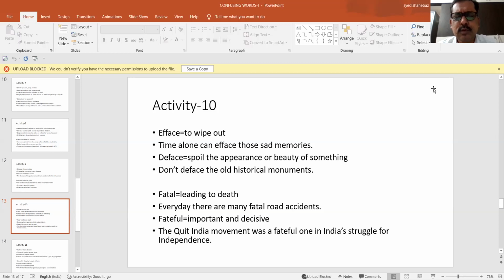The Quit India movement was a fateful one in India's struggle for independence. Fateful one means very important or decisive, a turning point where the turn of events took a good shape. So fatal, fateful.